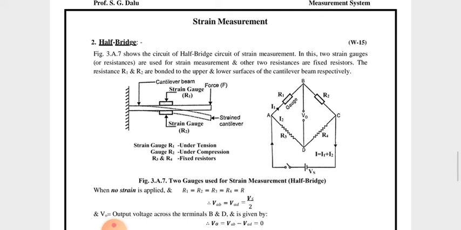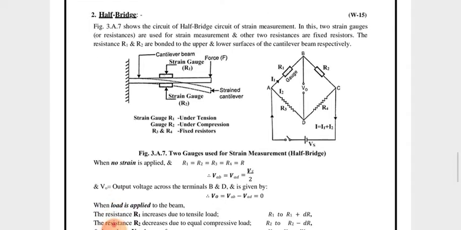Here we can say that in the diagram there is one cantilever beam, and R1 is mounted on the upper side of the cantilever beam, and R2 is mounted on the lower side. A downward force is applied on the cantilever beam at the tip. So gauge R1 is under tension, gauge R2 is under compression, and R3 and R4 are fixed resistances. That is also shown in the half bridge circuit.